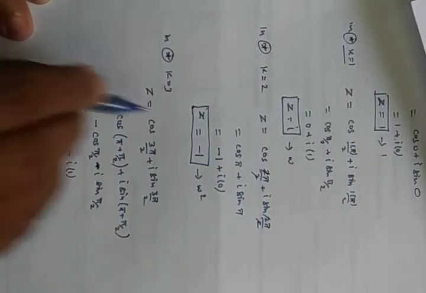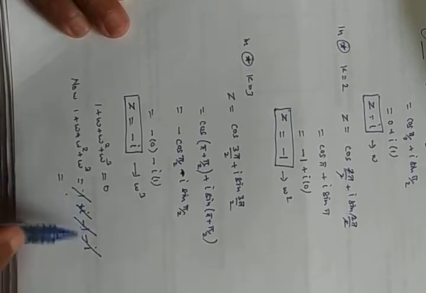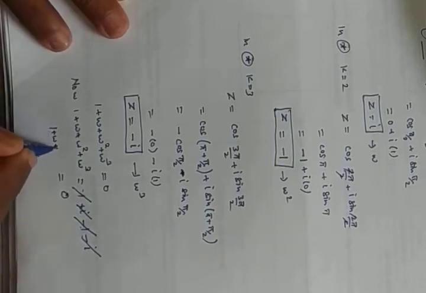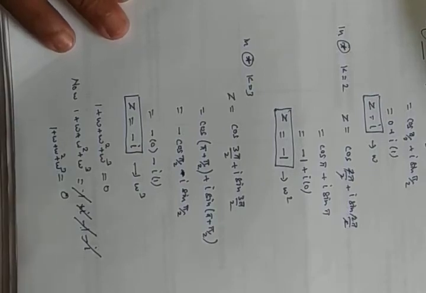Omega value we are getting is i, so that is plus i, and omega square we are getting minus 1. Omega cube is minus i. So plus 1 minus 1 plus i minus i get cancelled. Now we are getting 0. That means the sum is correct.